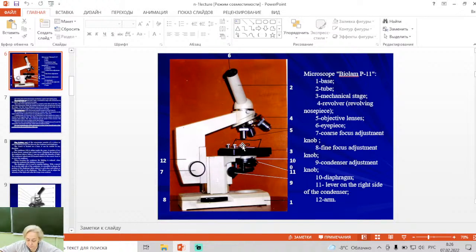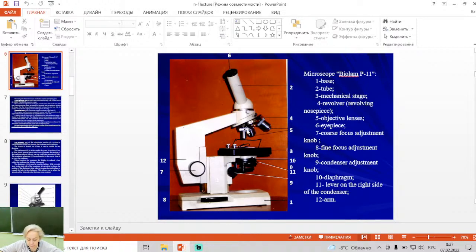Open the diaphragm and slightly lift the condenser. Looking into the eyepiece with your left eye, rotate the mirror in different directions until the field of view is illuminated brightly and evenly.